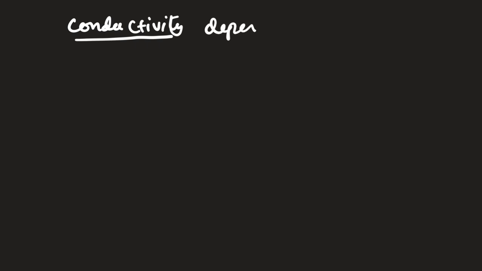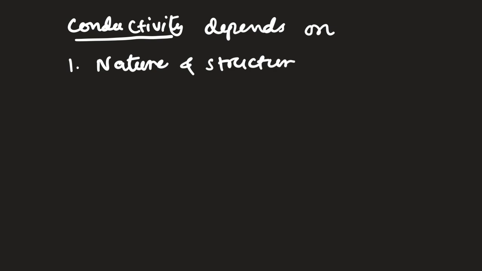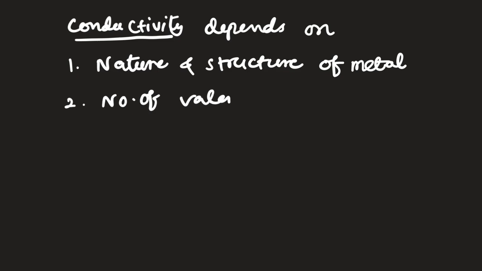Next, their conductivity. For electronic or metal conductors, conductivity depends on, one, nature and structure of metal. Second one, number of valency electrons.